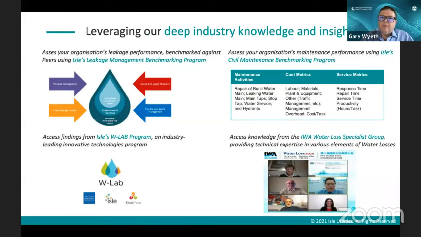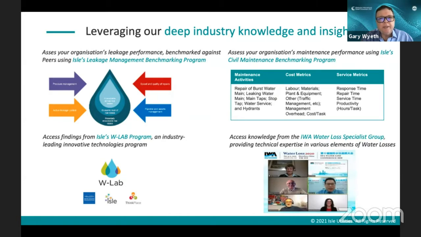Now, why is IOL key to doing this, and what other programs do we have that help us to develop a very good SLMP? We actually develop a number of benchmarking programs. IOL has a leakage management benchmarking program, an asset management benchmarking program, and also a digital utility maturity program.